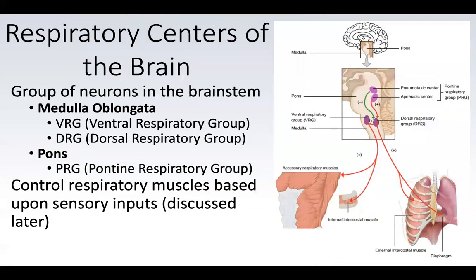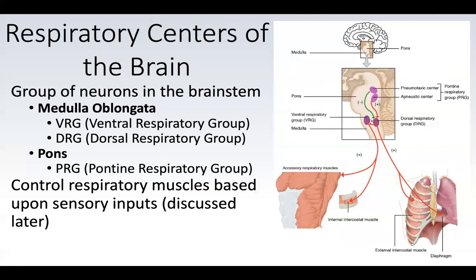I'm going to end off today by talking about the respiratory centers of the brain. So we don't think about breathing, right? We just do it. The reason why is because the brainstem, specifically the medulla oblongata and pons, have the respiratory centers that make sure we breathe.